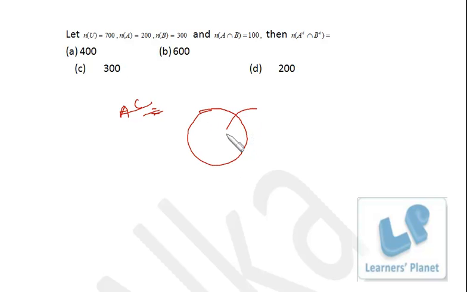So that is A, that is B. So common is 100, right? Then NA is total 200. So if this is 100, this is 100. Then B is 300. So if it is 100, this is 200, right? So this is total A union B. A union B is 100, 100, and 200, which is 400.